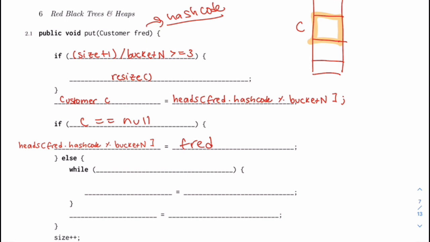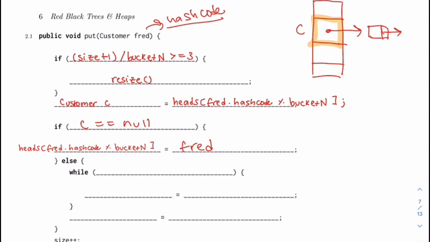Now, what about the case where I already have some stuff in there? I already have a linked list going. Well, in that case, I need to work my way towards the end of the linked list and add Fred at the very end, okay? How would I go about working my way towards the end of this linked list? Well, while C.tail is not equal to null, while there's still another element in the list, C will be equal to C.tail, okay?